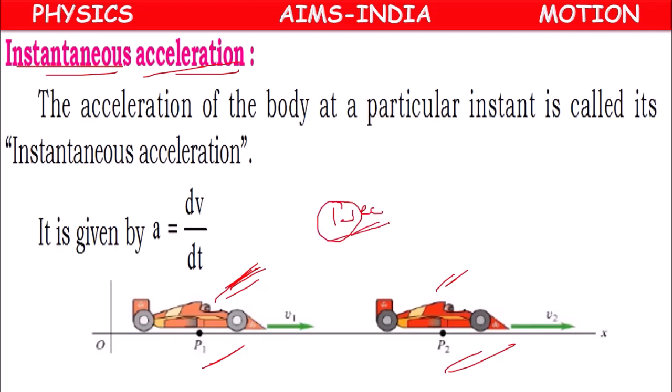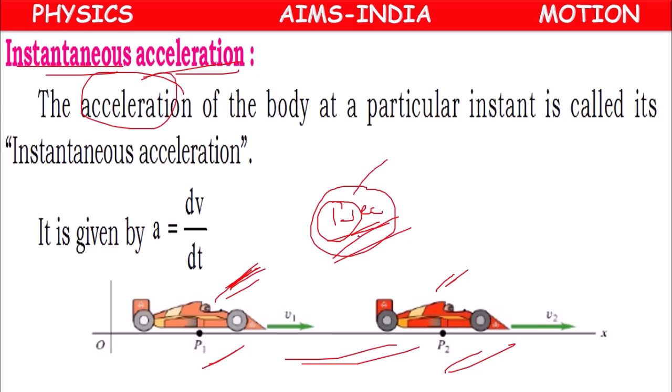In a time gap of 1 second, one car racer may overtake another. Means within a less interval of time, we can observe some amount of acceleration at that 1 second. Why? Because it is moving with great speed.